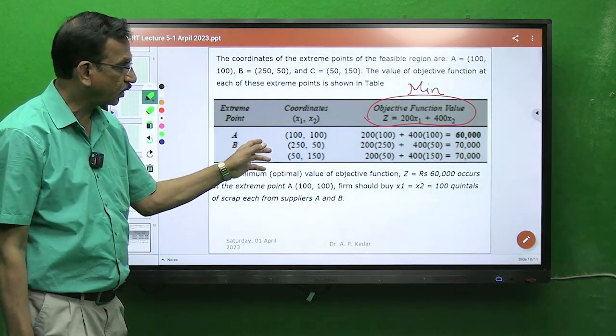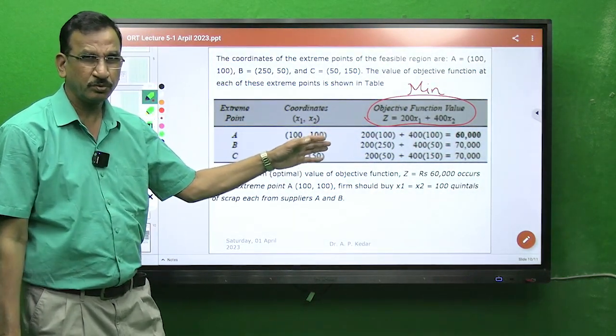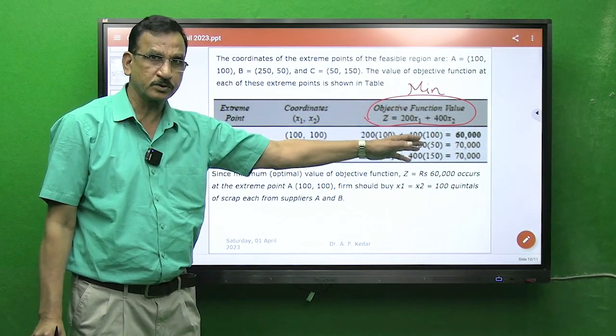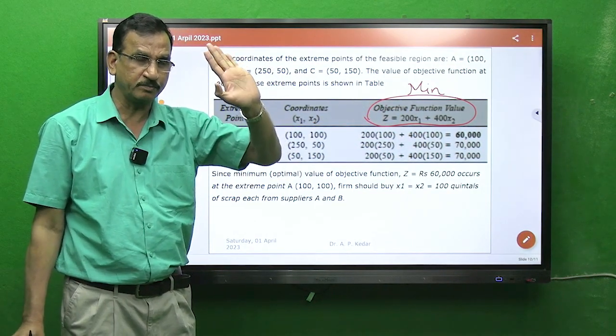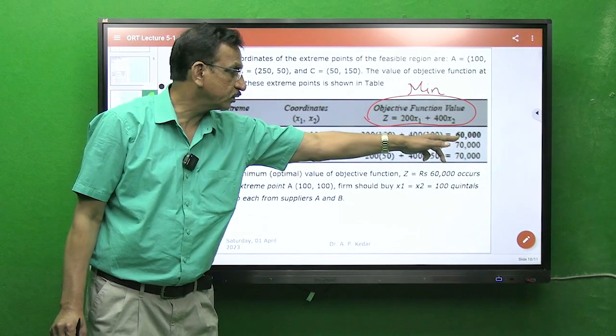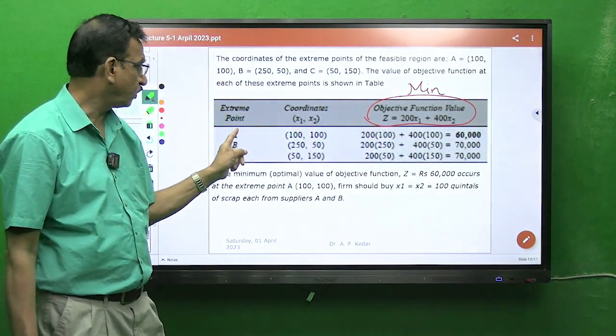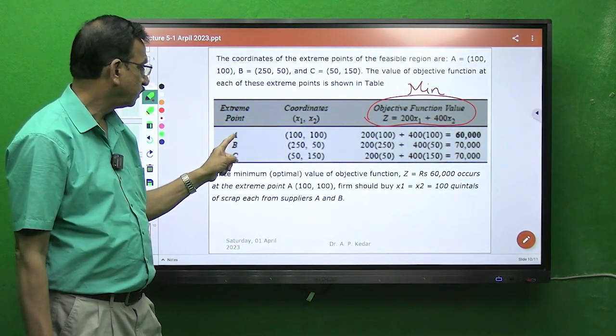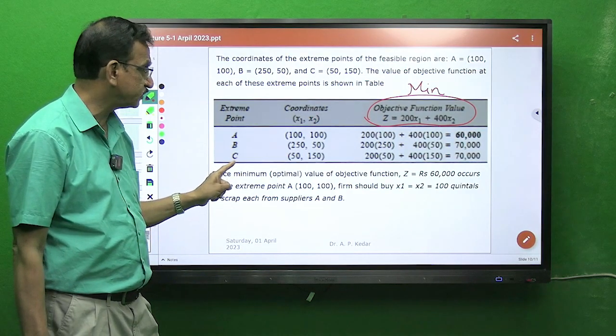You know how to find these answers, I have explained it 5 times in earlier problems. So you get 3 values for the feasible corner points A, B, C.